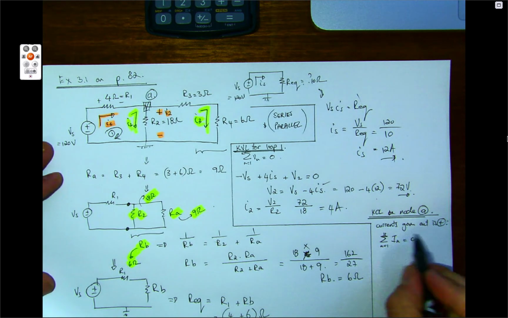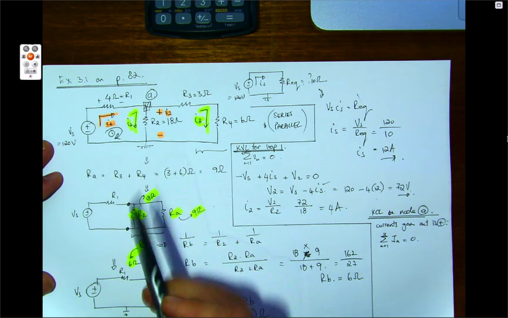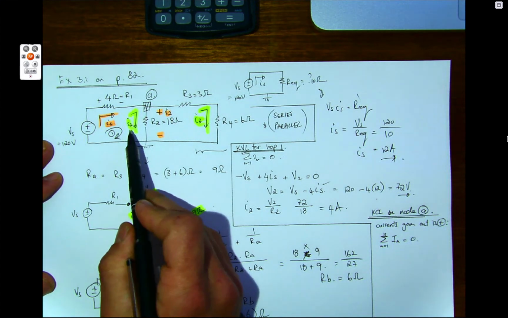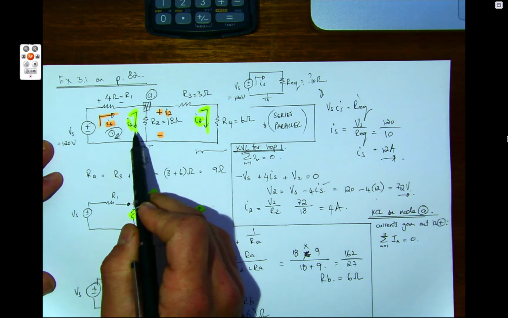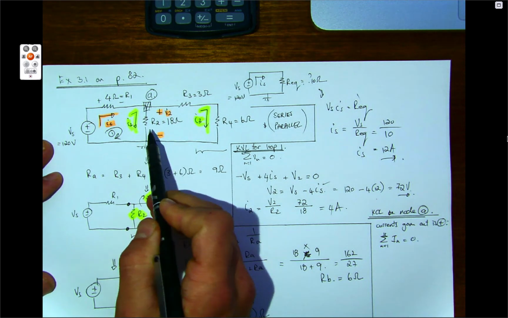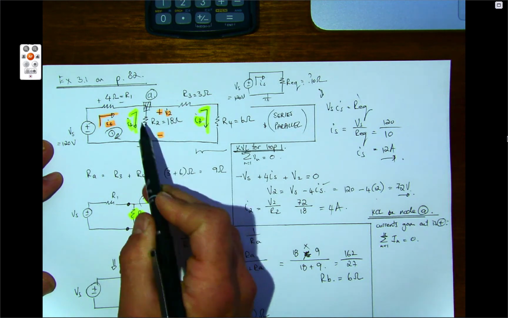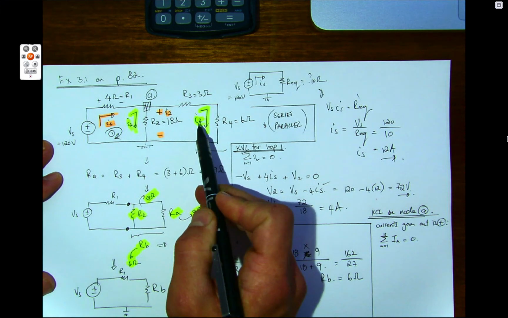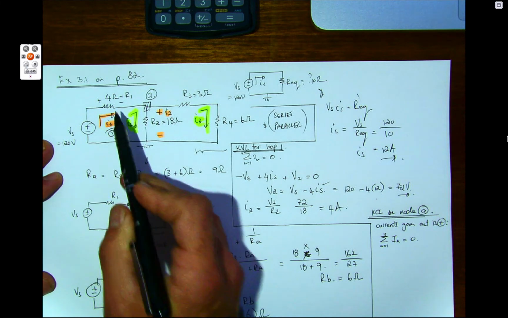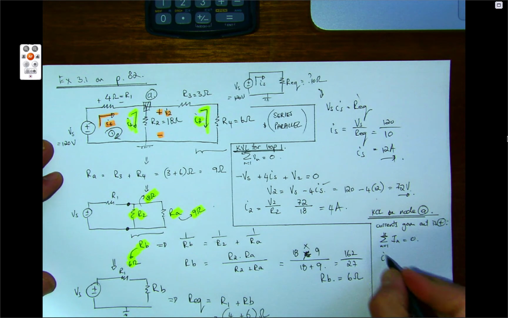And we're going to say that all currents that go out are positive. According to my sign assumption that I showed in my diagram over here, I2 is going out, I3 is going out, and Is is going in. So this becomes Is is equal to I2 plus I3.